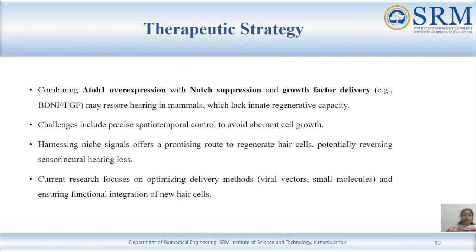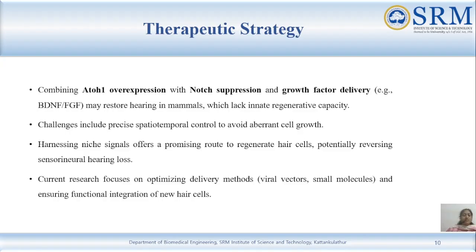So, next, coming to the therapeutic strategies that can be specifically targeted for hearing issues. So, combining the ATOH1 overexpression with the Notch suppression and specific growth factor delivery, such as BDNF and FGF, we may be able to restore the hearing ability in mammals.